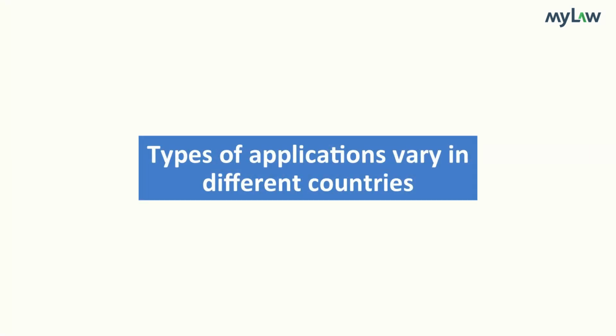Please note that the types of applications discussed in this unit are allowed before the Indian Patent Office. Other countries may or may not facilitate all such types. Before getting into the details of each type of application, it is important to note that an application is to be filed before a patent office under which the jurisdiction lies.